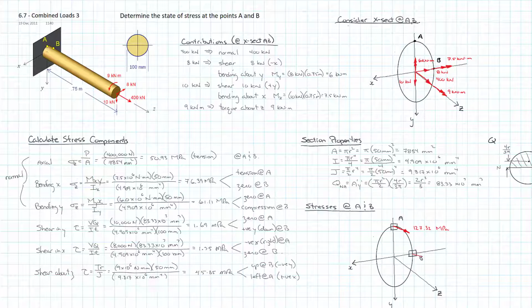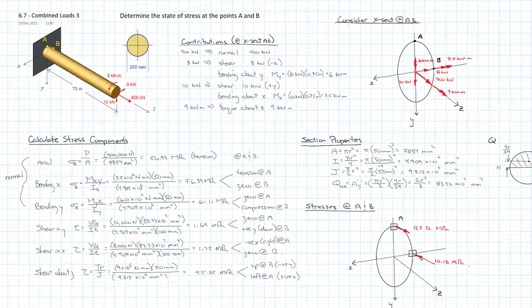So at B, I'll have to draw it the other direction. So I'll put my arrowhead there, and we get a value of 10.18 megapascals.